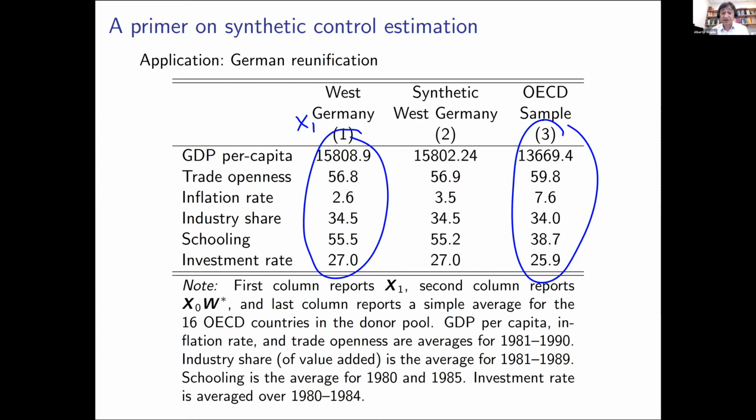And you can see that West Germany is not very close to the average of the OECD sample, even when we are already using a sample of industrialized countries. Okay, but however, what we can see also in the second column is that there is a convex combination, a weighted average of all these countries in the OECD that very, very closely reproduces the characteristics of West Germany. Okay, and this is going to be our synthetic control. This is going to be the comparison that we are going to use.